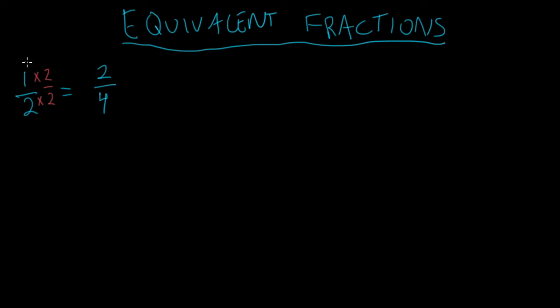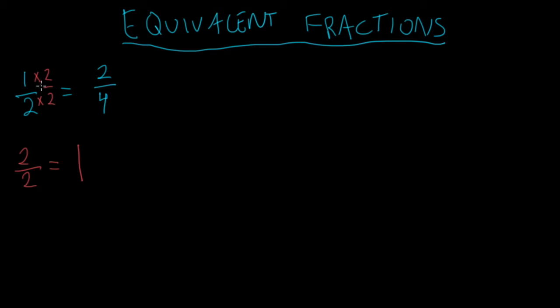Okay? Now the reason we're allowed to do this is because 2/2 is simply equal to 1 whole. Because you have 2 out of 2. You've eaten 2 slices of pizza out of 2 pieces. So that's 1 whole pizza. Okay? So anytime we multiply a number by 1, it simply equals itself. So we're allowed to do this.